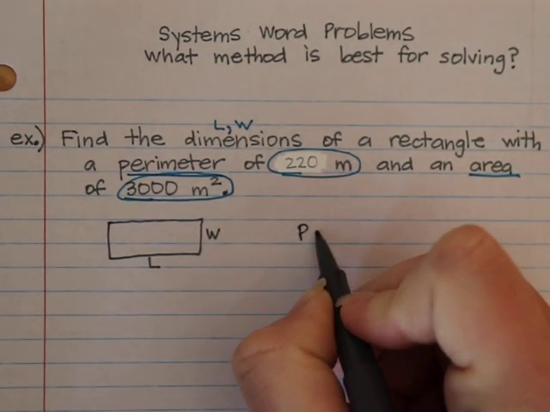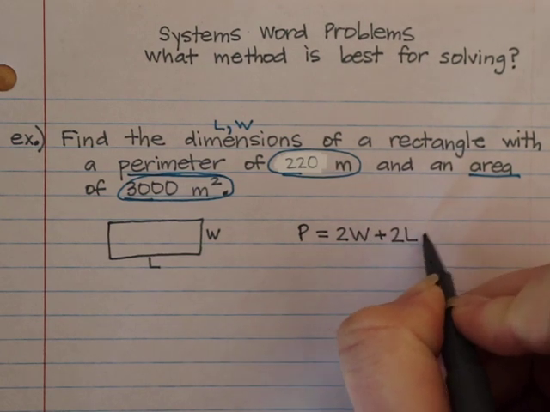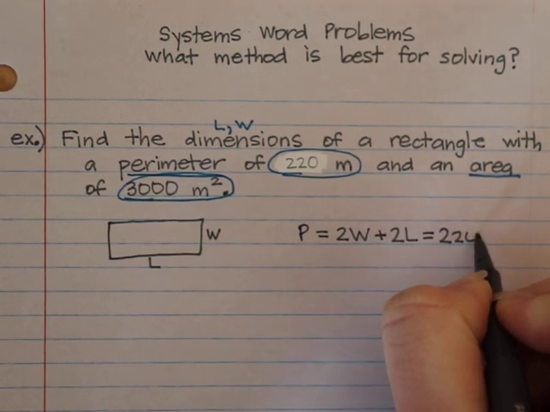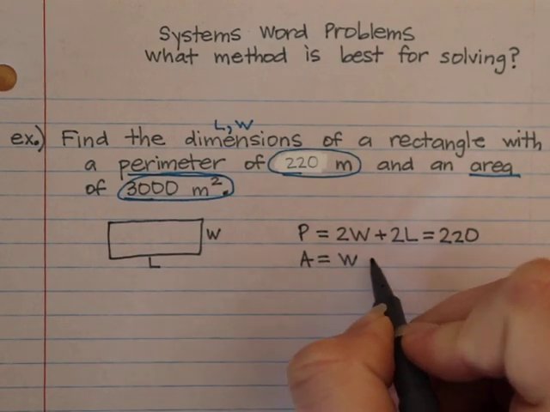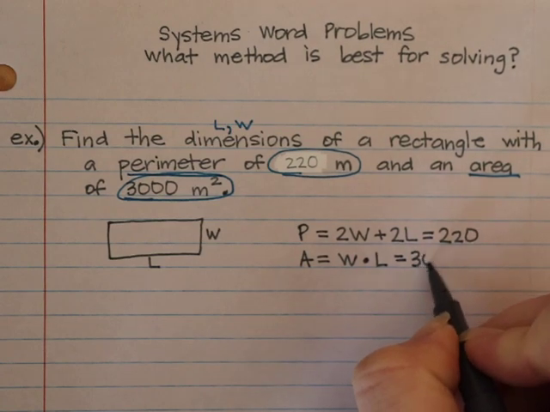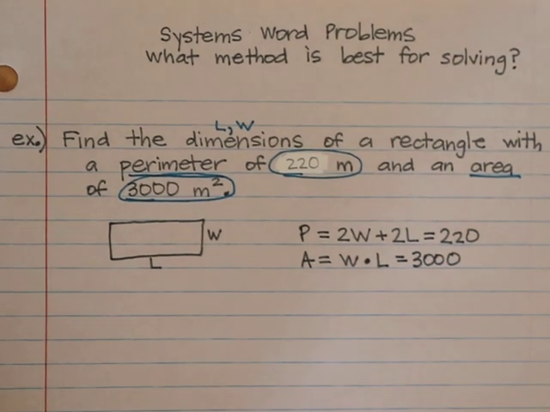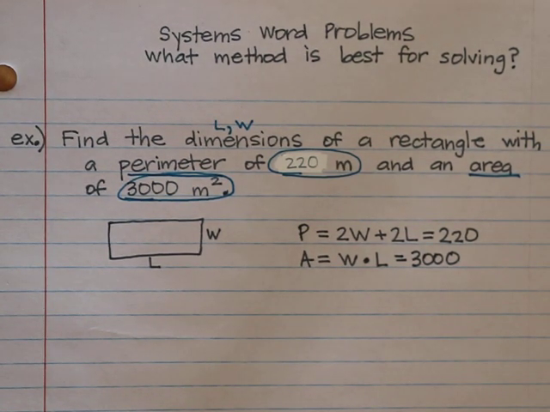Perimeter says I have two W's and two L's equaling 220. Area says my width times my length equals 3,000. Now, we can't use elimination because our equations are different. One of them is adding and one of them is multiplying.